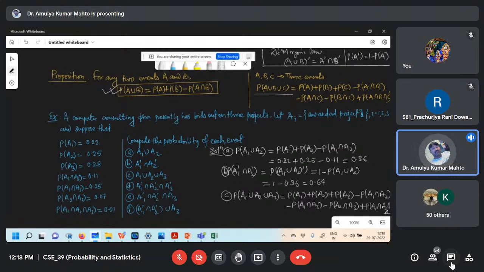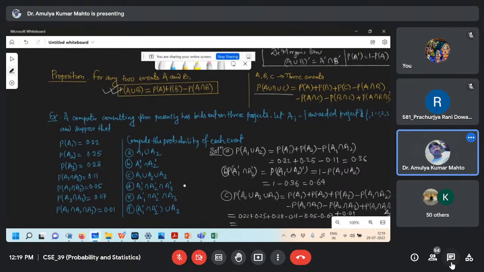Fine. There is A3 also. So you can calculate it as probability of A1, A2, A3 are given. So it is 0.22 plus 0.25 plus 0.28 minus 0.11 minus 0.05 minus 0.07 plus 0.01.